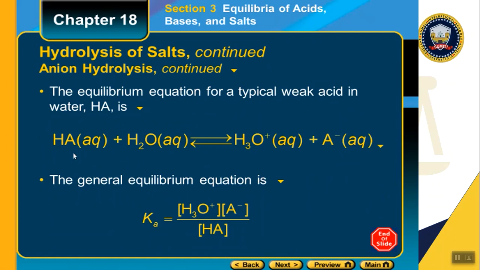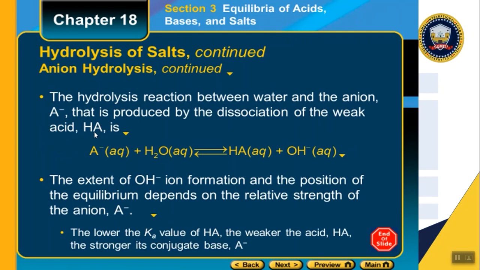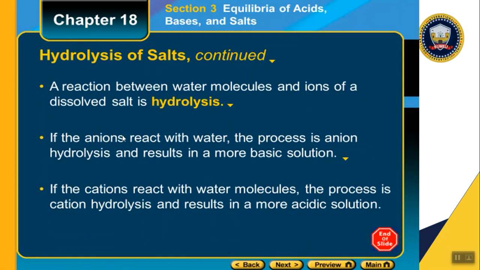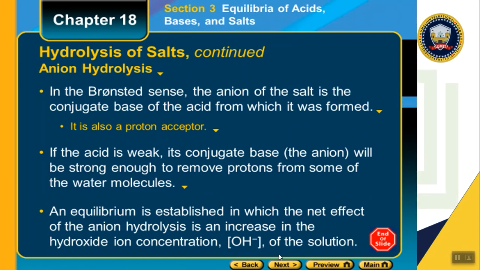Here you have weak acid, and typically weak acids and strong base. This weak acid will produce HA. Reaction between weak acid and strong base means anion hydrolysis.